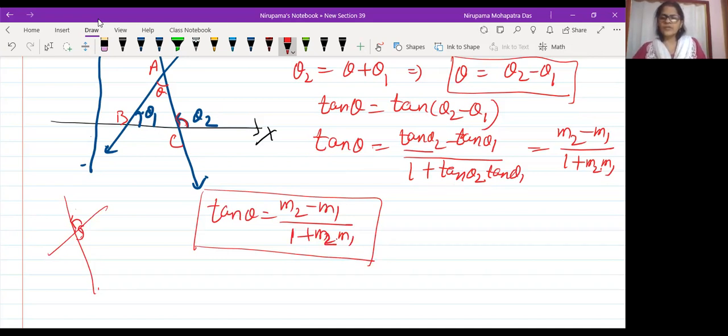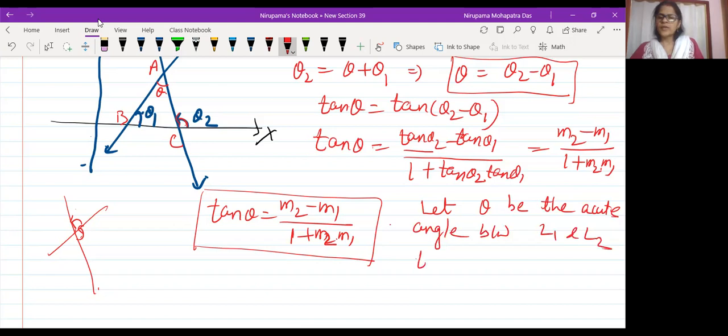Just to avoid such confusion, what we can do is start like this. Let theta be the acute angle between L1 and L2.